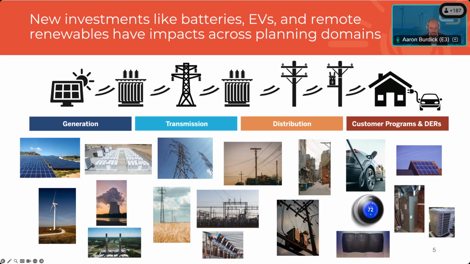We have electric vehicles that could serve as potential generation assets, as well as potentially flex their charging to support distribution system needs. We have batteries that can serve generation and renewable integration needs and can be installed on the bulk grid, on distribution grids, or behind the customer meter. So we need a planning process that reflects the increasing complexity of the power system.